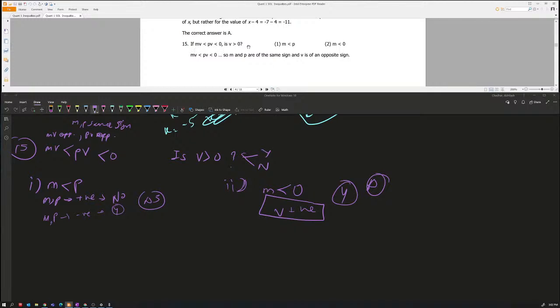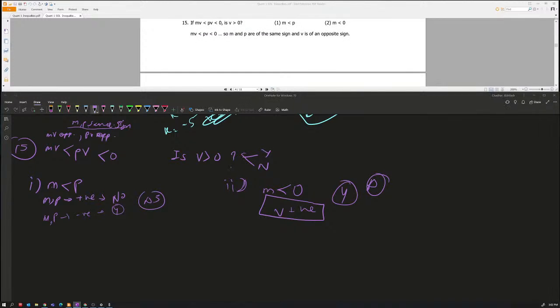Let's see. If this is greater than 0, M and P are the same sign, which is what we got. And V is an opposite sign, which is also again what we got.